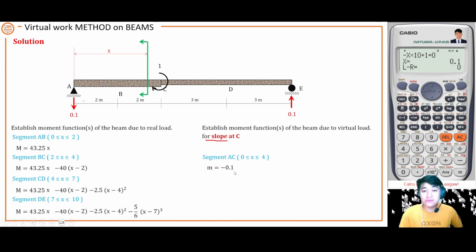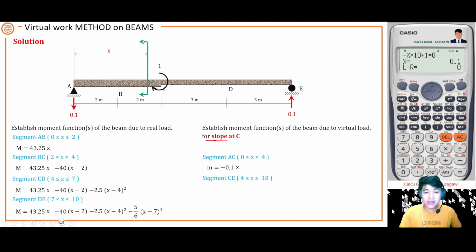So that is negative 0.1 times distance x. That's it. So that is your moment function for segment AC.